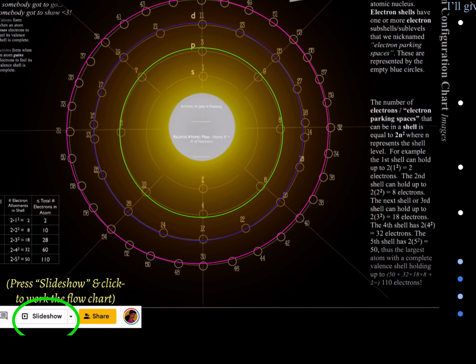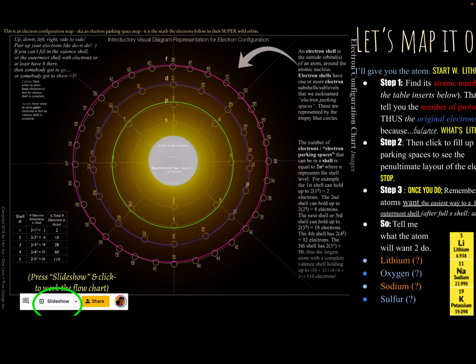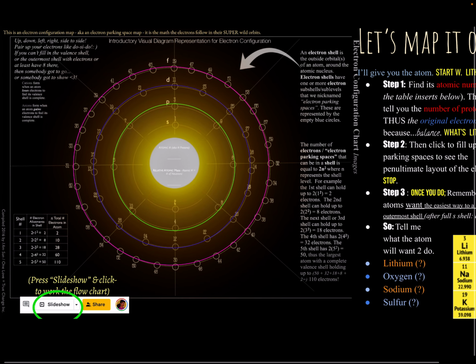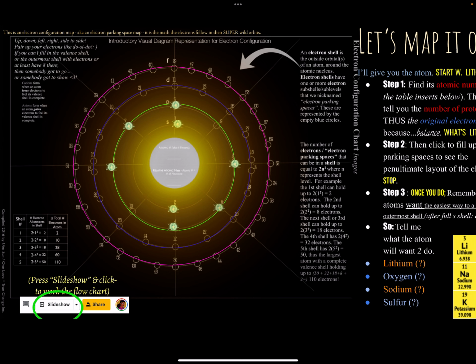If it has 19 protons in the middle, it has 19 electrons orbiting around it. So let's fill up 19. 1, 2, 3, 4, 5, 6, 7, 8, 9, 10, 11, 12, 13, 14, 15, 16, 17, 18, 19.